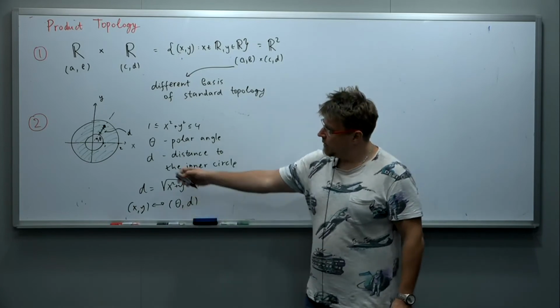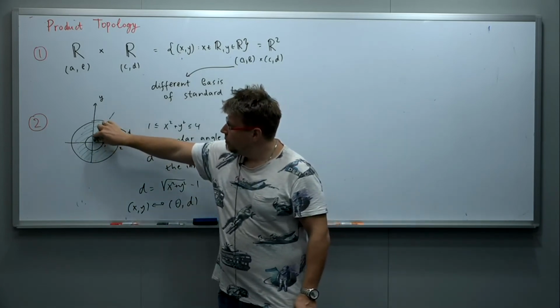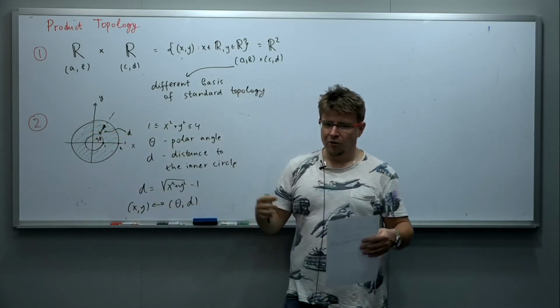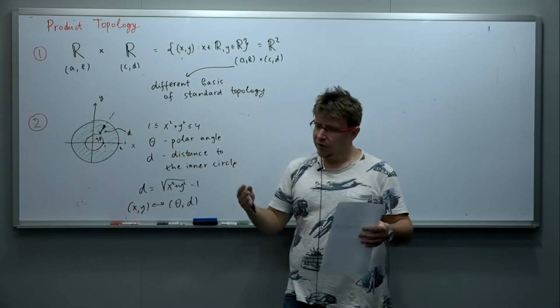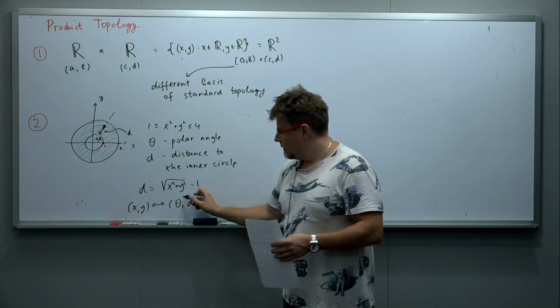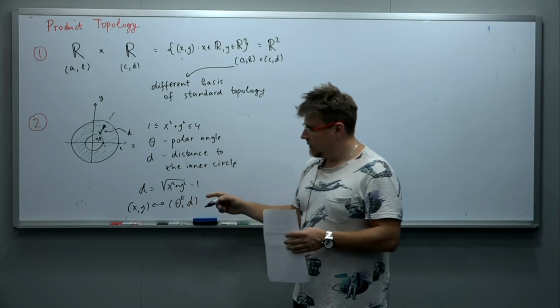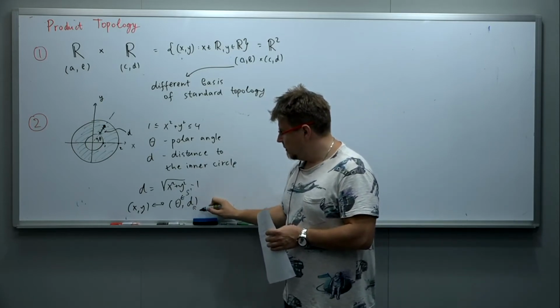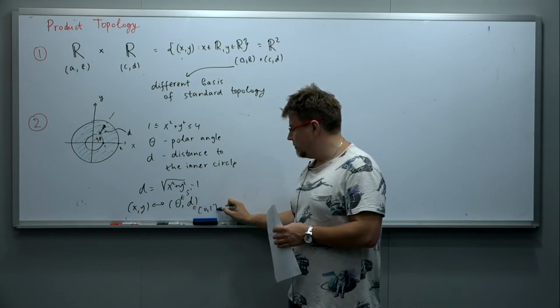So what is theta? Theta is the angle. So all possible values of theta are all possible angles, numbers up to addition of 2 pi. So it means that theta actually belongs to a circle, and d belongs to the interval from 0 to 1.